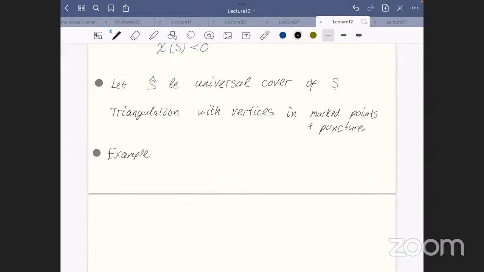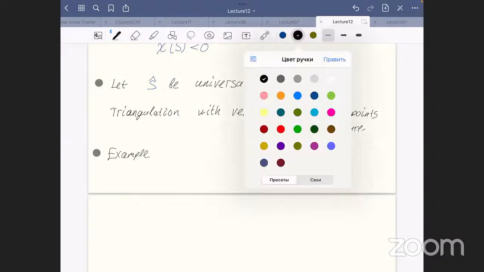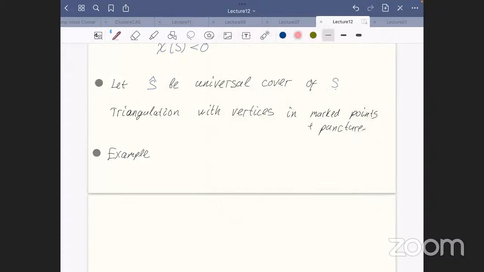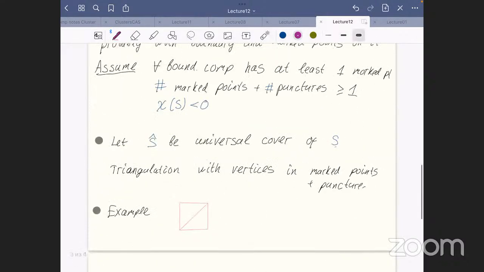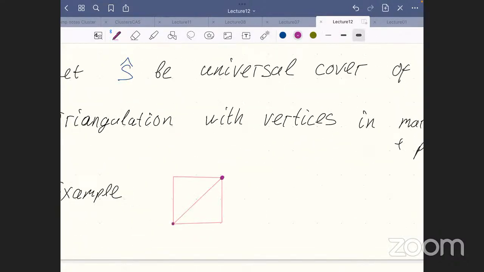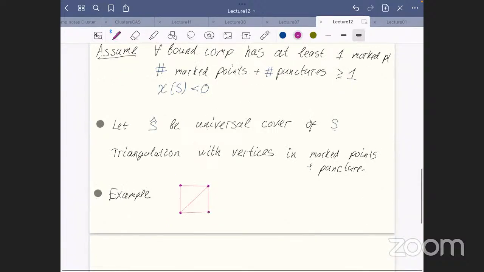Example. The simplest example is probably the torus with one puncture. Here is a puncture, and we have two triangles. They share the same vertex.